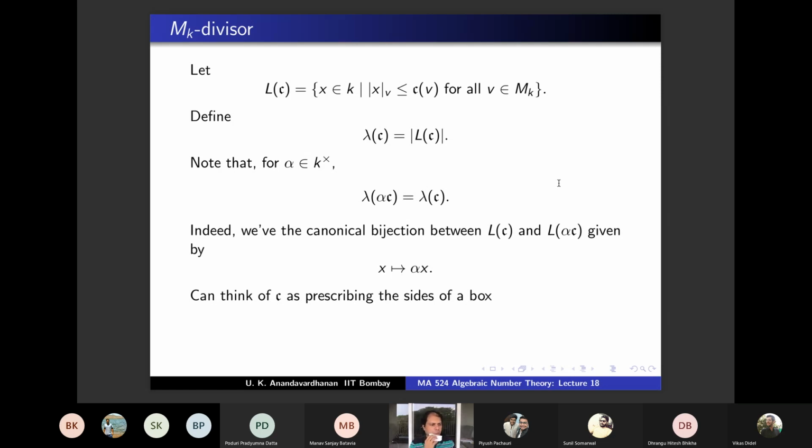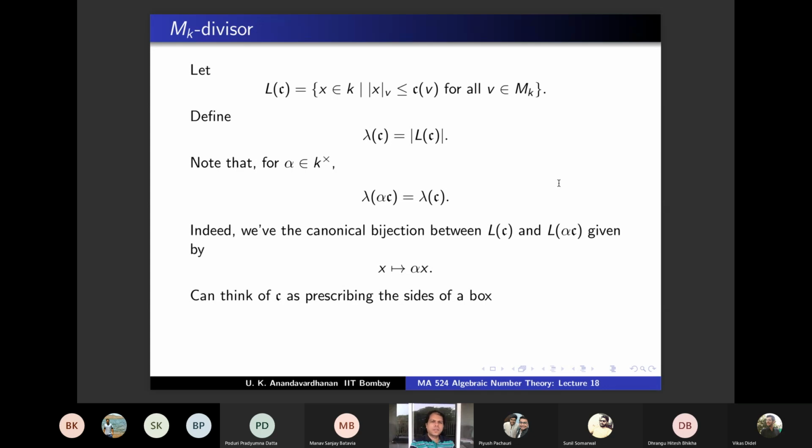The sides of the cube are in one-one correspondence with the canonical set of absolute values. And almost all the lengths, what can you say? Your second condition, C_v is 1 almost all the time. So almost all the lengths are 1. Some number of lengths need not be 1. And that is your infinite cube.